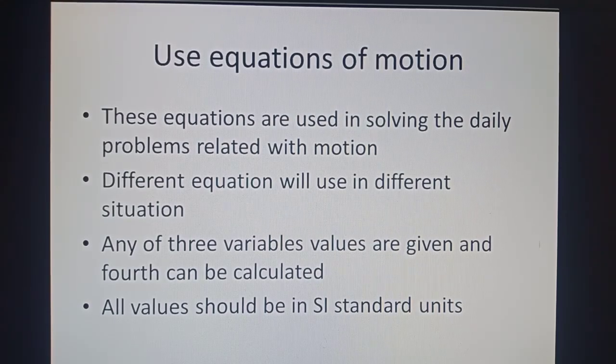For example, if we are using the first equation of motion, it contains four variables: velocity, time, acceleration, and final velocity. So the velocity should be in meters per second, time should be in seconds, and acceleration should be in meters per second square. When you are inserting the values, be careful about the units of the given quantities.